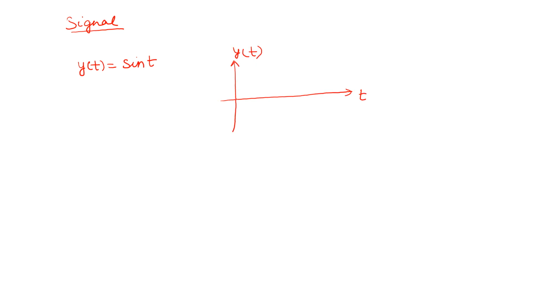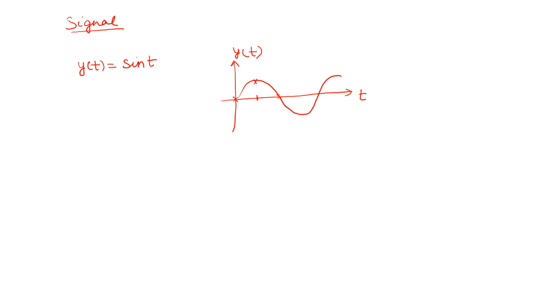So if I take t equal to 0, sine 0 will be 0, so I'll get 1 point here. If I take t equal to 90, sine 90 will be 1, so I'll get 1 point here. Again, sine 180 will be 0 and so on. So we all know that a sine wave looks like this.